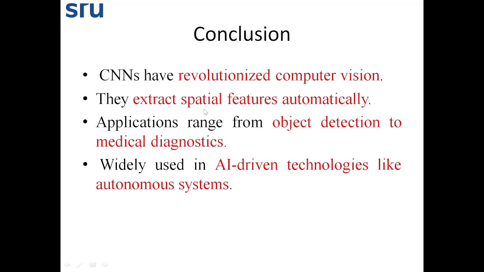These convolutional neural networks have revolutionized computer vision. It extracts spatial features automatically. Applications vary from object detection to medical diagnosis.